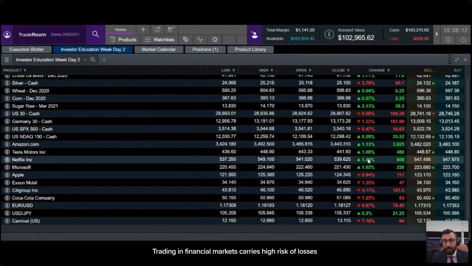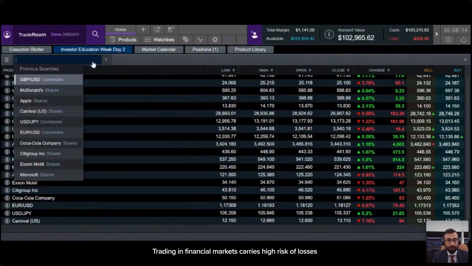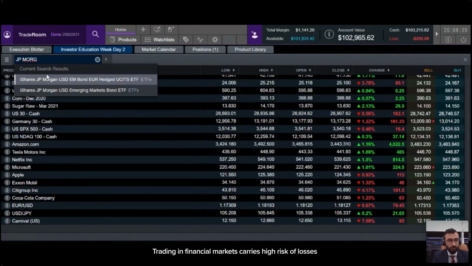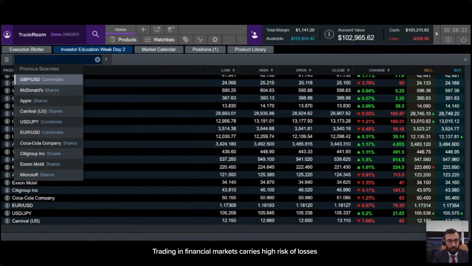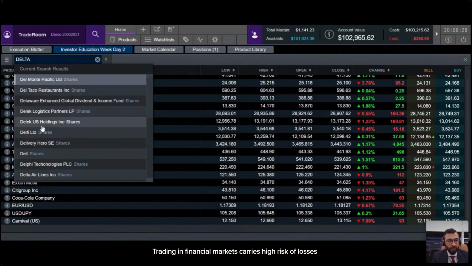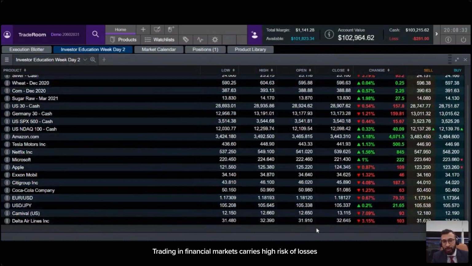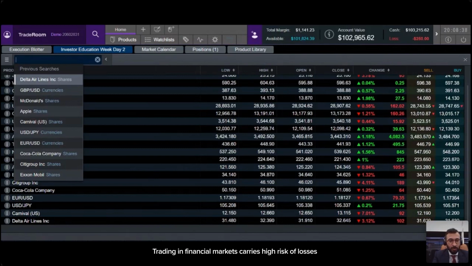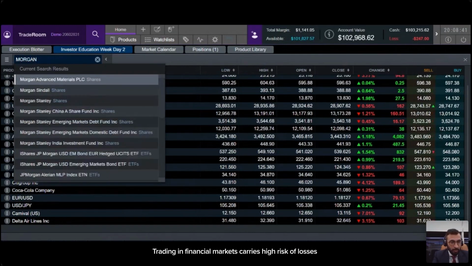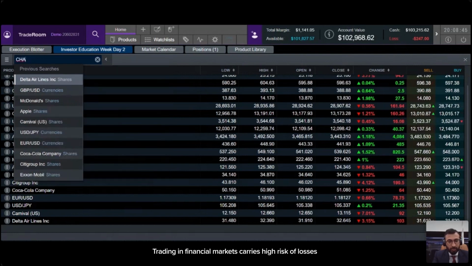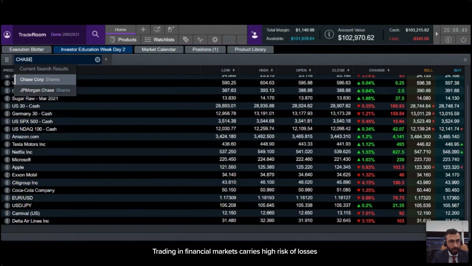Similarly, let me add Delta Airlines, for example. Delta Airlines also had earnings today, and their earnings were also obviously poor as an airline company. Look, Delta Airlines is down by 3% today, right? Some companies like JP Morgan and Chase here.